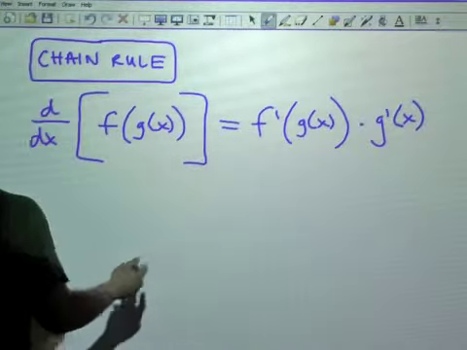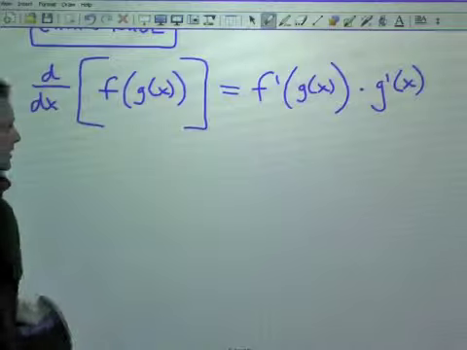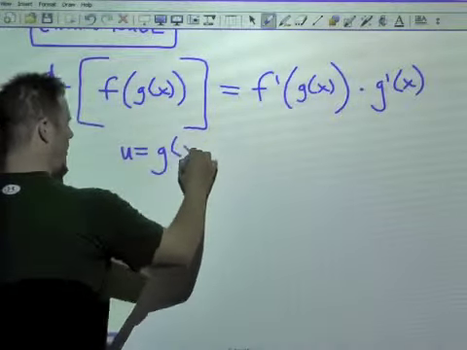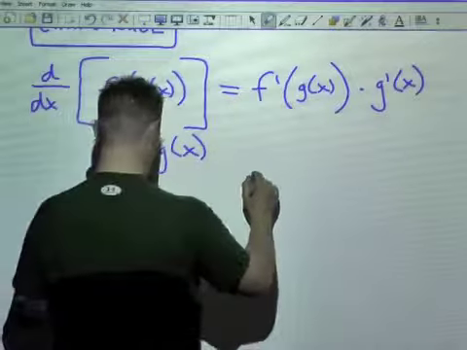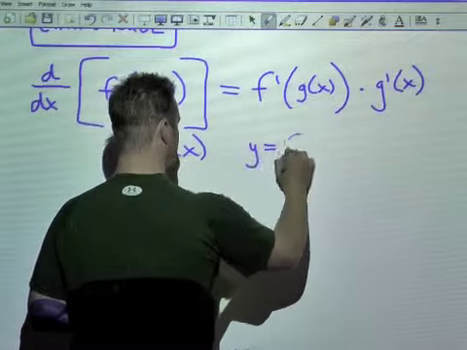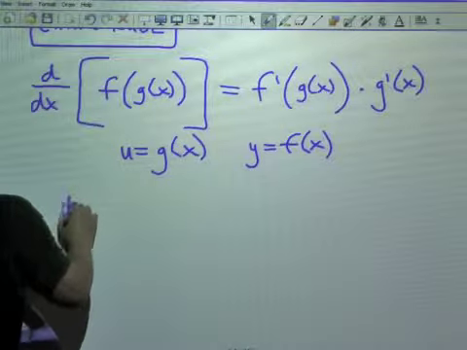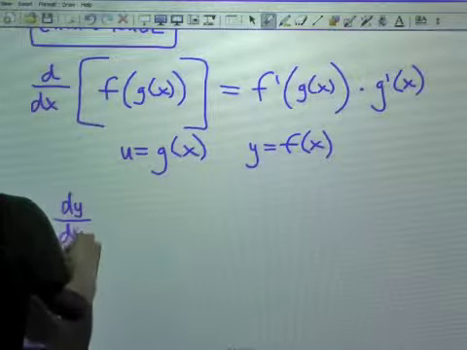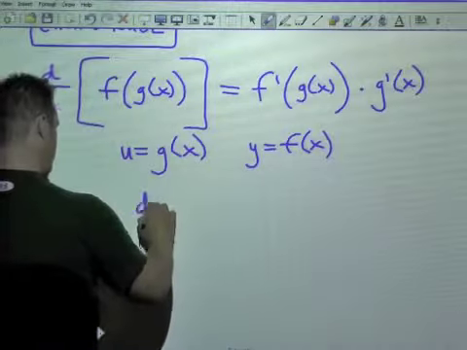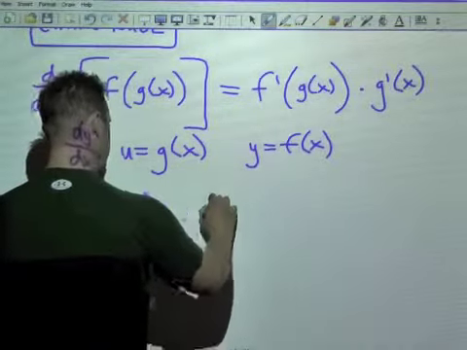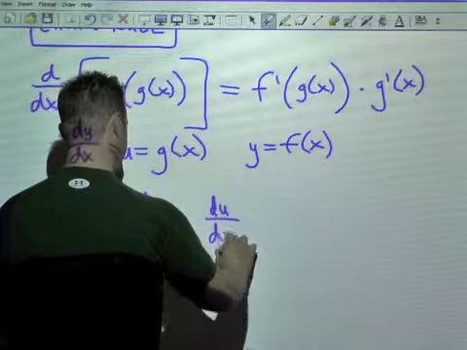Now, another form of the chain rule that you'll see in a lot of other resources, including your book sometimes: if you let u equal g of x, and if you let y equal f of u, you will see this formula: dy/dx equals dy/du times du/dx.